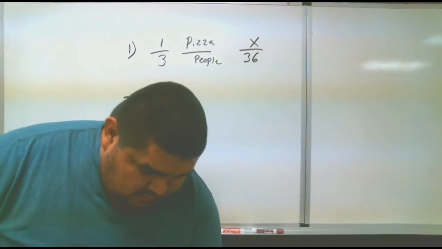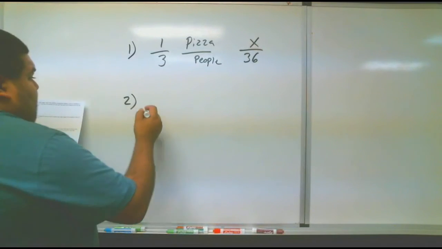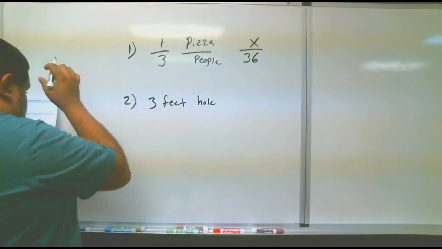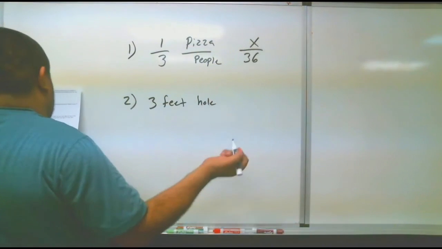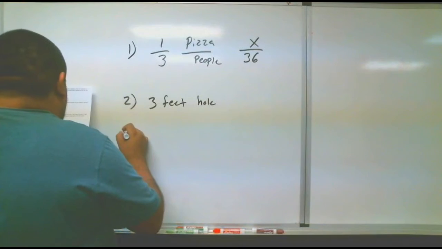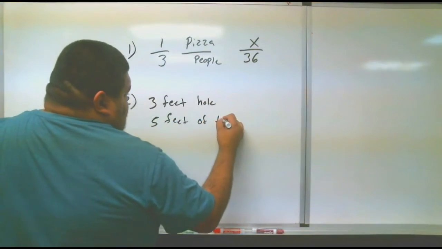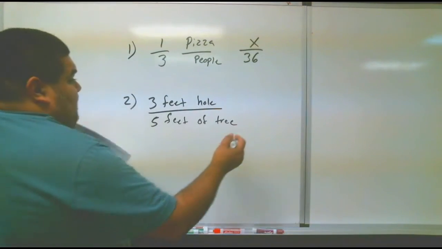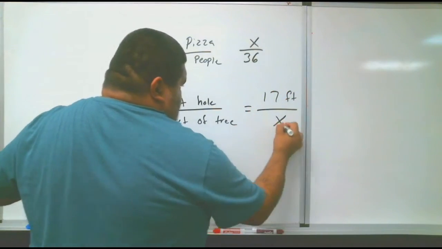If we dig a hole that was 3 feet deep, for every 5 feet of tree height, so 3 feet of hole, 5 feet of tree, how much do we have if we dig 17 feet of hole over x?